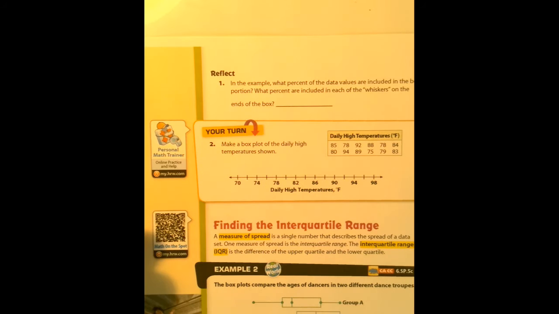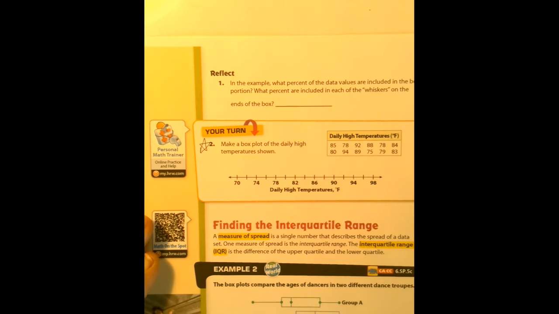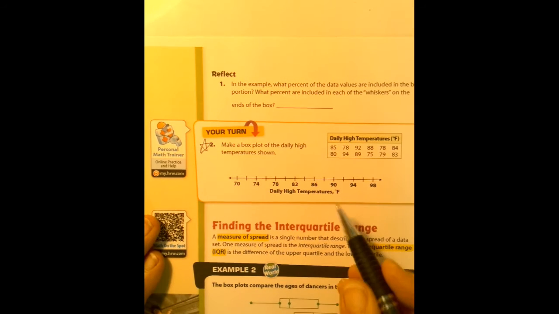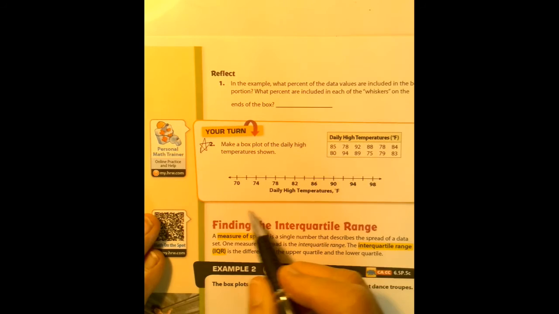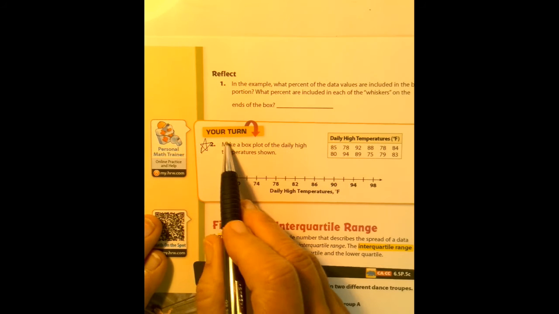So we're going to jump to the next page and work on this number 2 problem. We're going to write the data out so that we can find the median and the upper and lower quartile. It says under your turn here, make a box plot for the high temperatures shown.